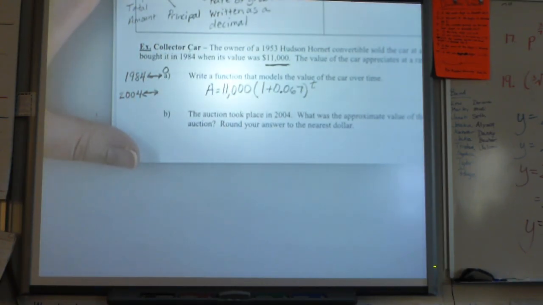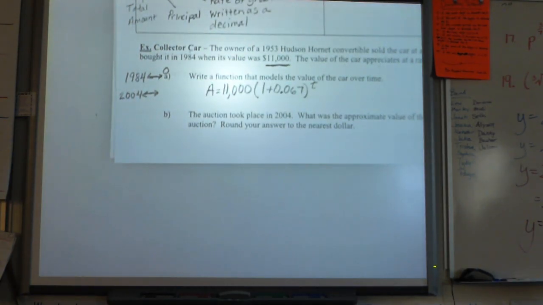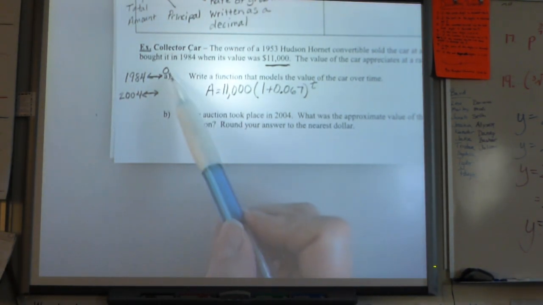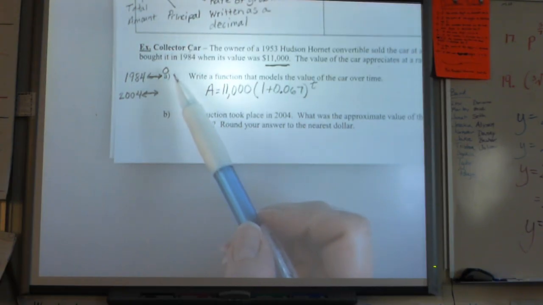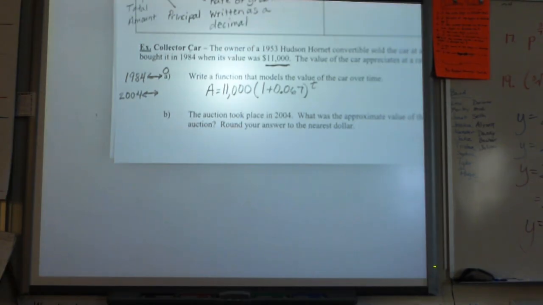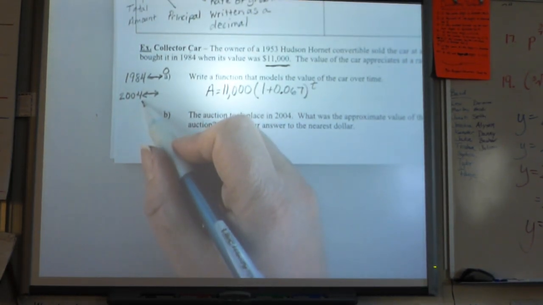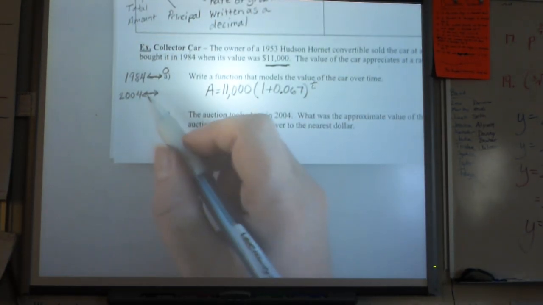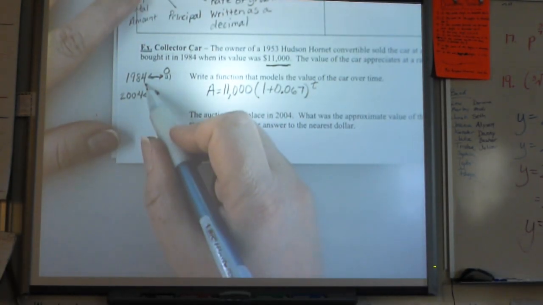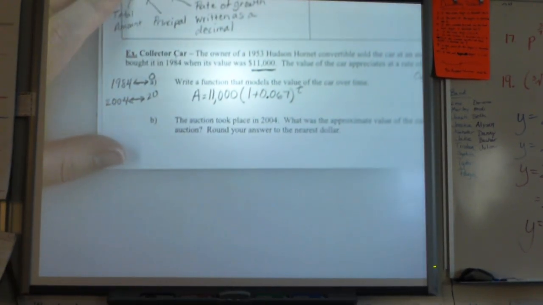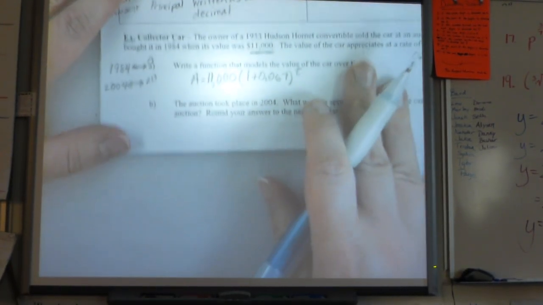If the car was bought in 1984, which is year 0, the starting point, we're looking at how much it'll sell for if it's appreciating at 6.7% per year. How many years have passed, or what is the elapsed time from 1984 to 2004? Good. So it's 2004 minus 1984. 20 years have passed.